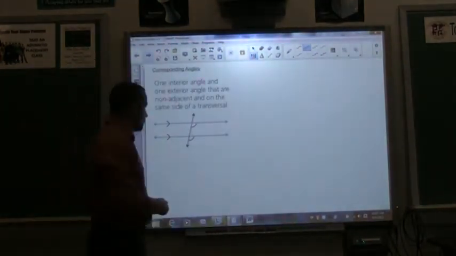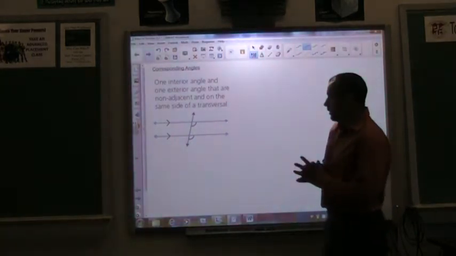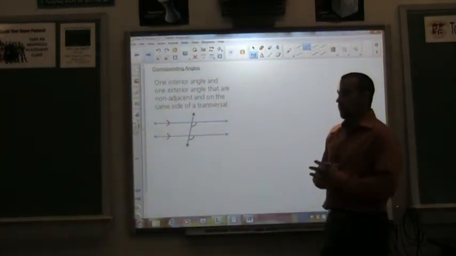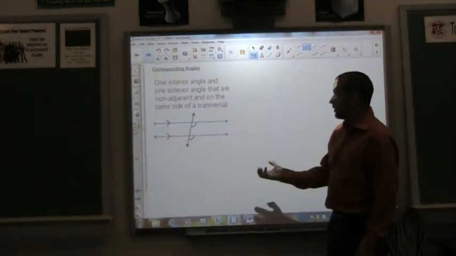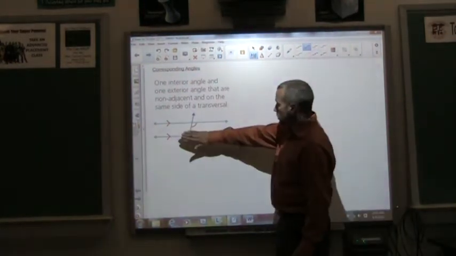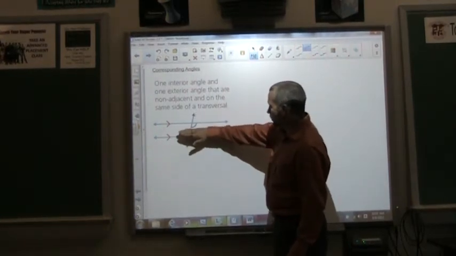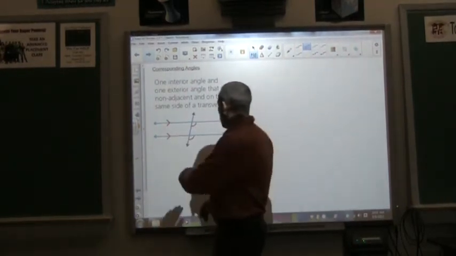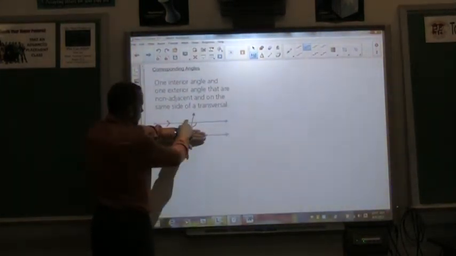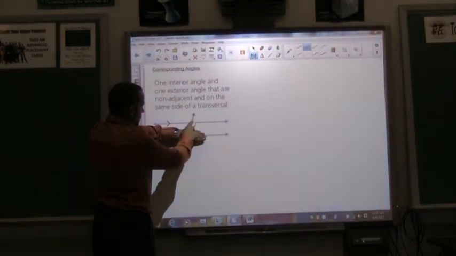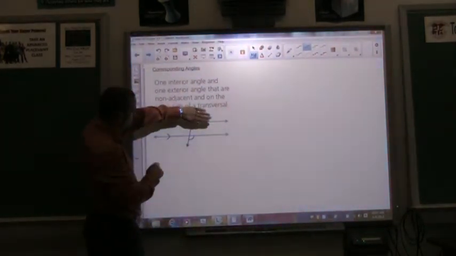Pretty straightforward rule. Now, corresponding angles. Corresponding in English means that it goes along with, right? If I was to look at just the top half, so just this line and this part of the transversal, we could split this up into four quadrants: top left, top right, bottom left, bottom right. And I could do the same with the bottom line.